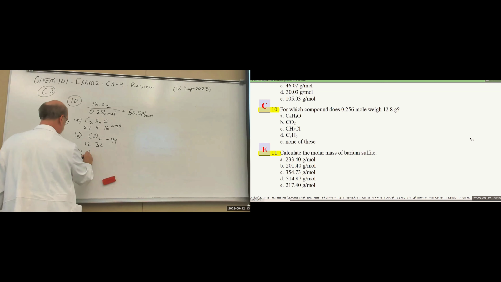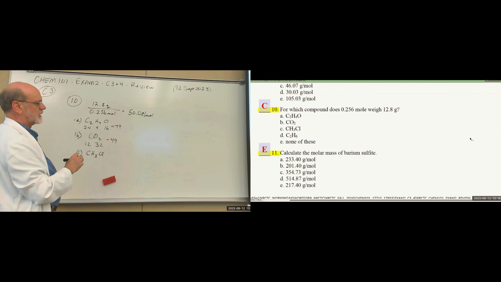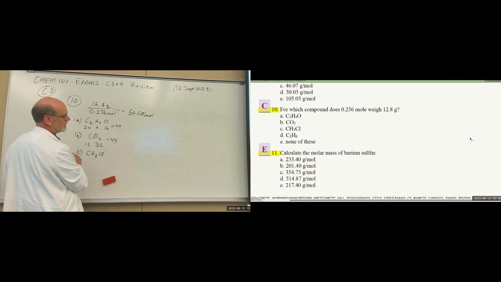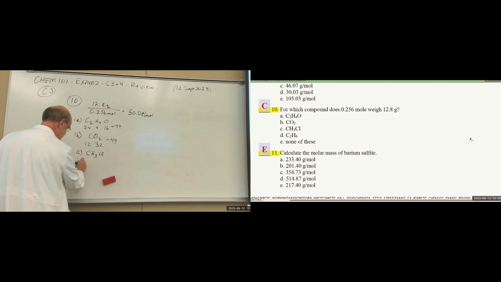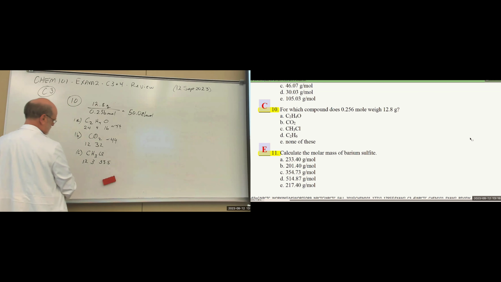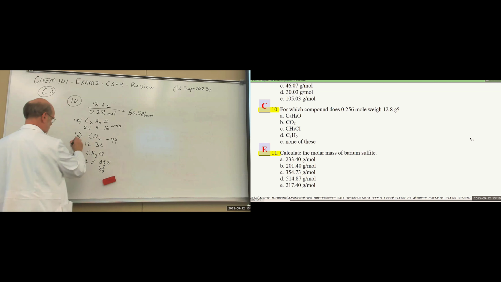CH3Cl, methyl chloride. So this is 12, 3, and this is about 35 and a half. So 12, 15, and that's about 50.5.